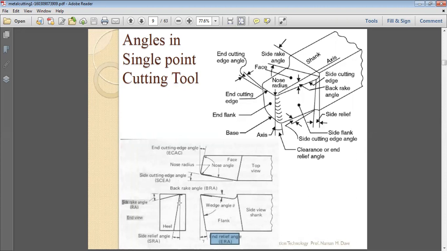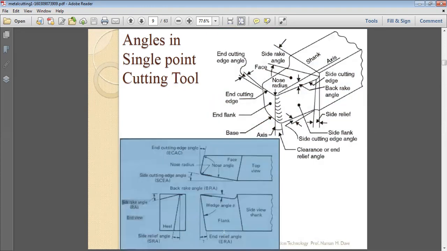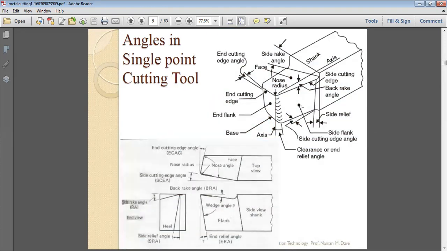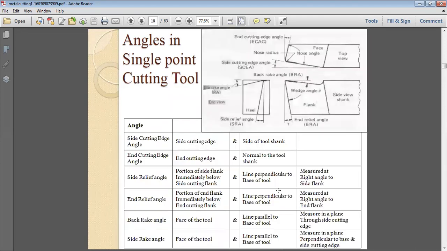If we increase it on this side, it becomes something like the side cutting edge angle. So this is ERA and SRA: the end relief angle on the front view, and similarly the side relief angle on the side view of the tool.